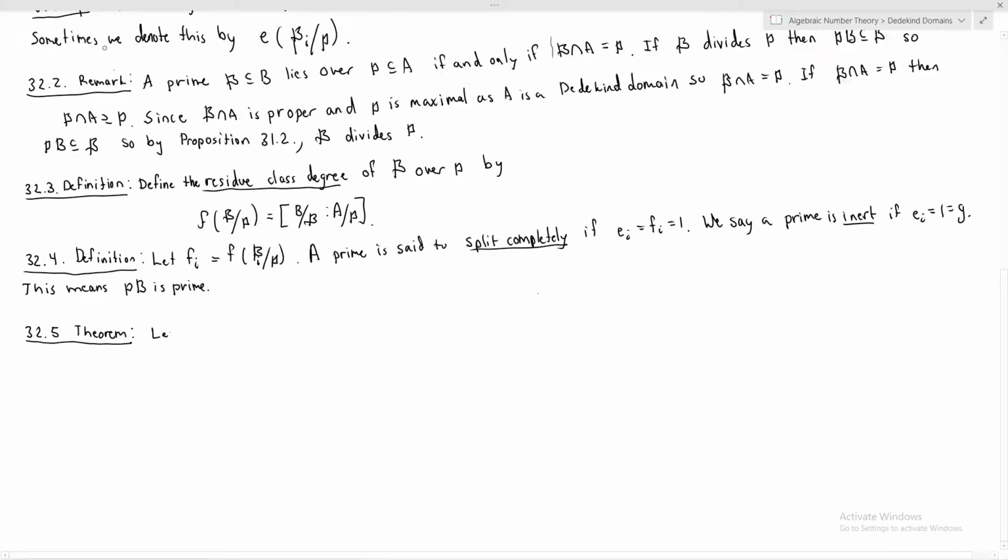Really I want to start with the Dedekind domains. So I'm going to let A contained in B be Dedekind domains. And I'm going to let K be the fraction field of A, L be the fraction field of B. And I'm going to suppose that the degree of L over K is m.